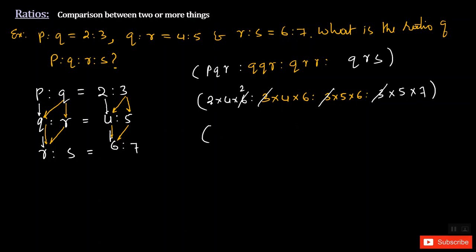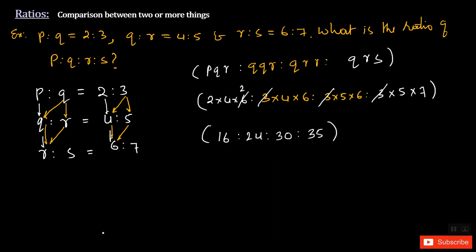So just multiply them. 2 times 4 is 8, 8 times 6 is 48. Now here 4 times 6, what do we get? 24, and 3 times 24 is 72. 5 times 6 is going to be 30, and 3 times 30 is 90. 5 times 7 is going to be 35, and 3 times 35 is 105. This is the ratio of P is to Q is to R.